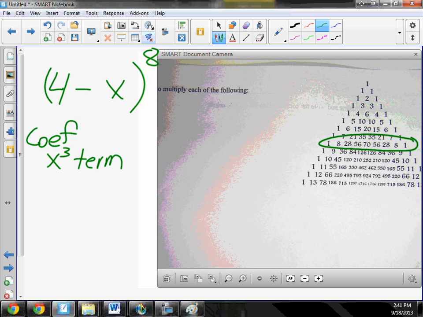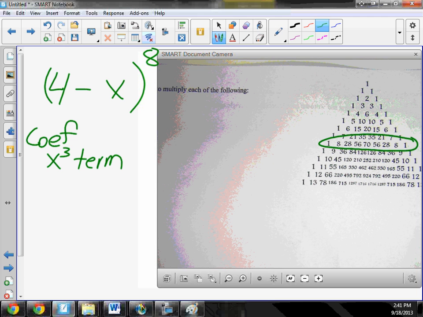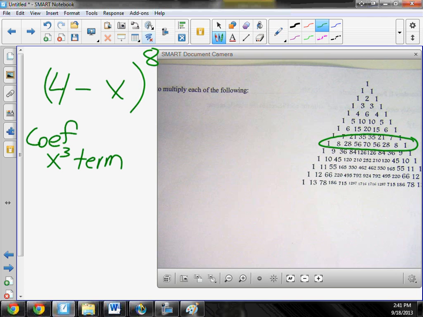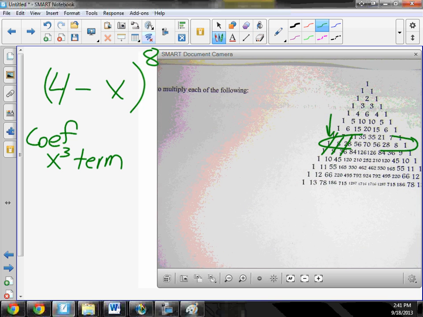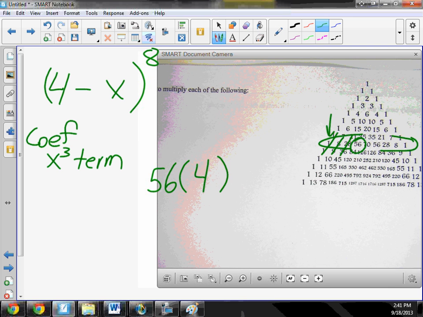I'll leave this up. You can look at it online. So how many x's are in the first one? 0. So 0, 1, 2, 3, 4. Oops, I went too far. Wasn't paying attention. So 0, 1, 2, 3. So 56.